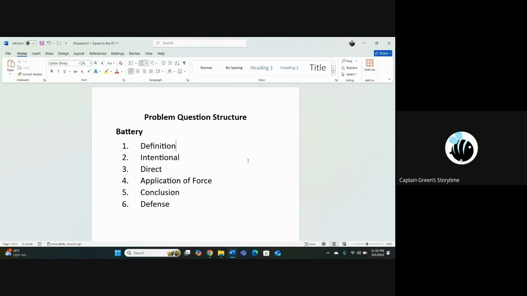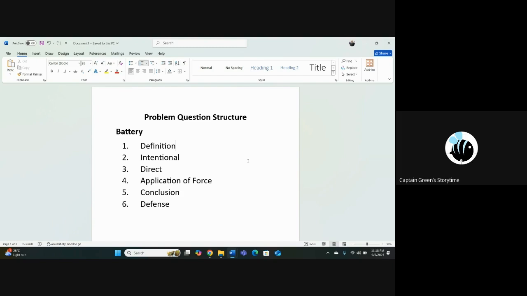As we have studied earlier, we have studied three topics of trespass: number one was battery, number two was assault, and number three was false imprisonment. We studied all the elements of battery, assault, and false imprisonment. We also studied the definitions of it.